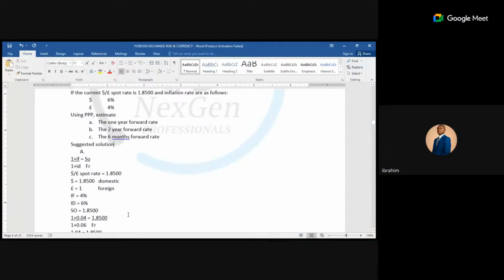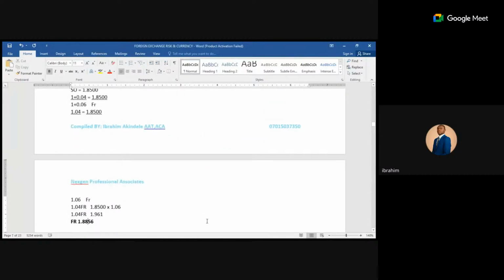This is just for 1 year. The inflation rate 4% is for 1 year. And we arrive at, always put it in 4 decimal, 1.8856.